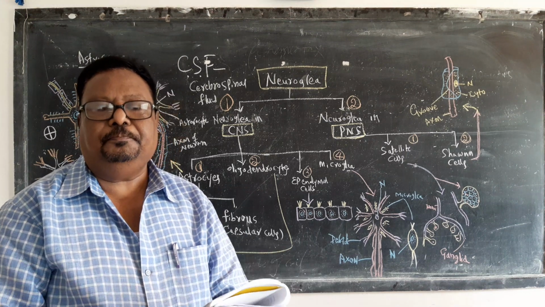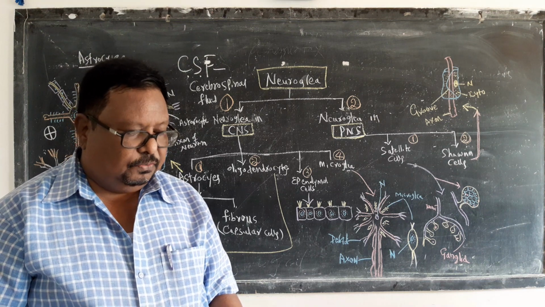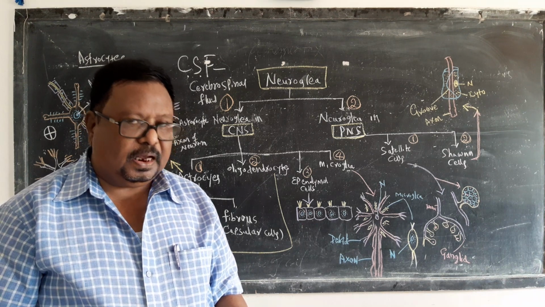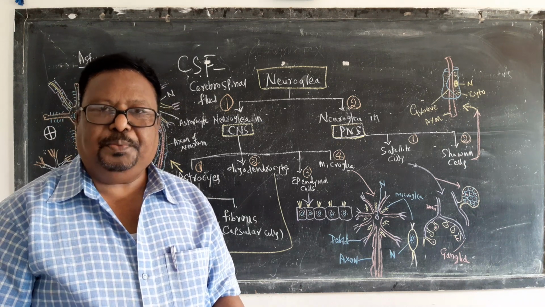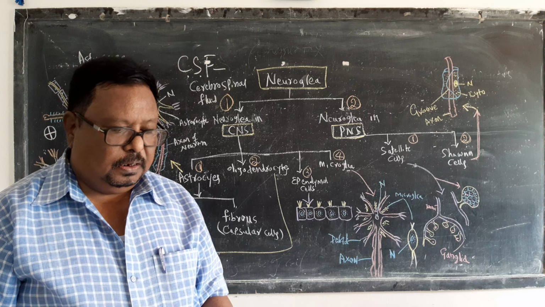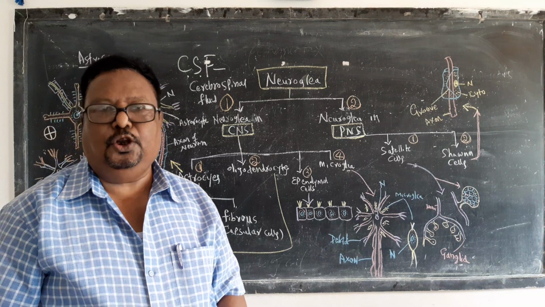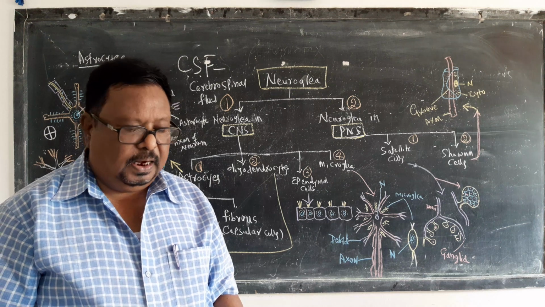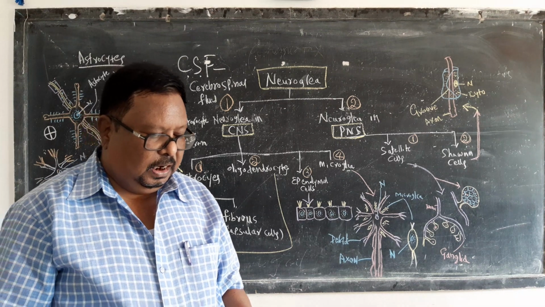The myelin sheath produced by neuroglia cells, which wraps around axons, speeds up electric impulse conduction in the neurons.